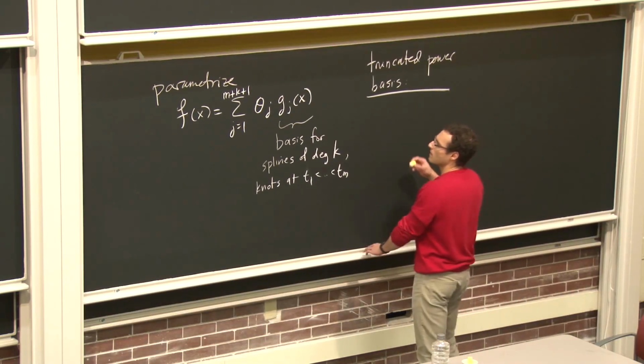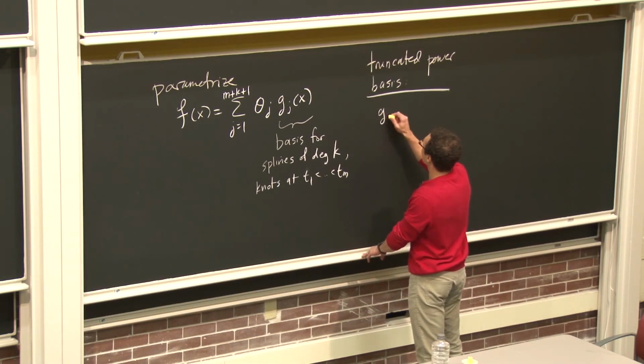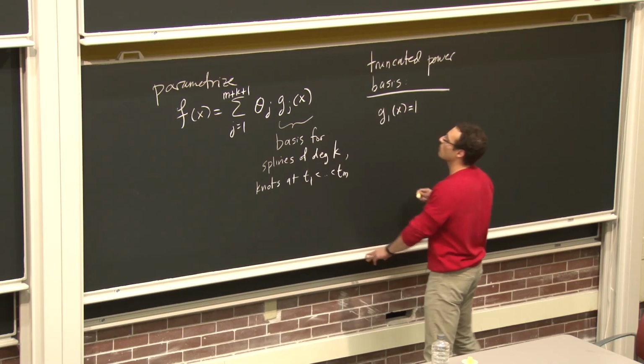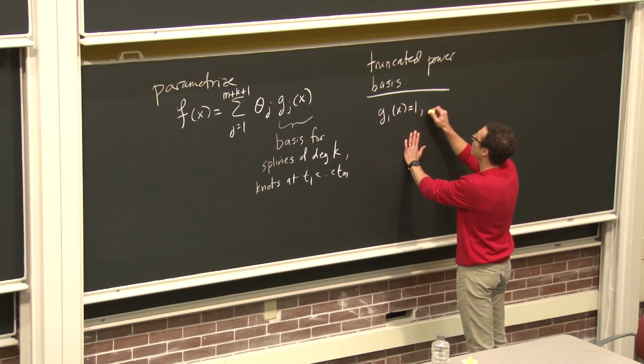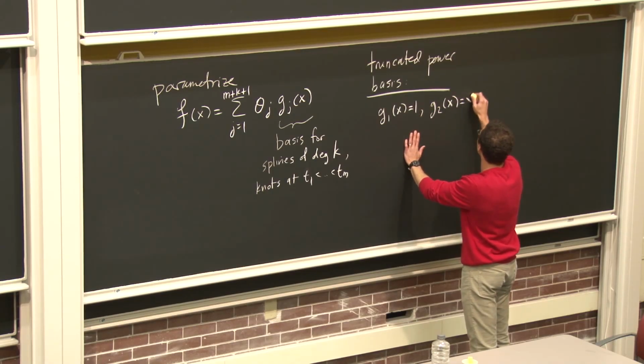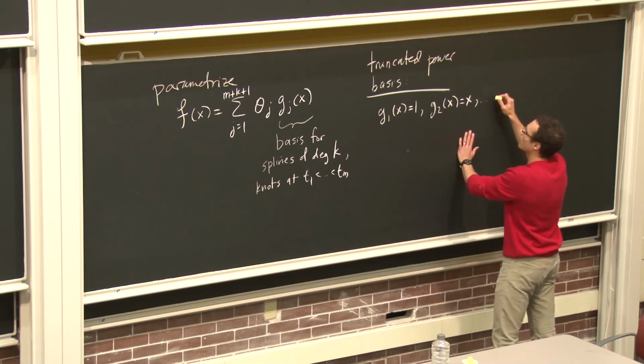And what this basis looks like is that the first k plus 1 functions in this basis are just polynomial functions, the kind of canonical polynomial functions of x.